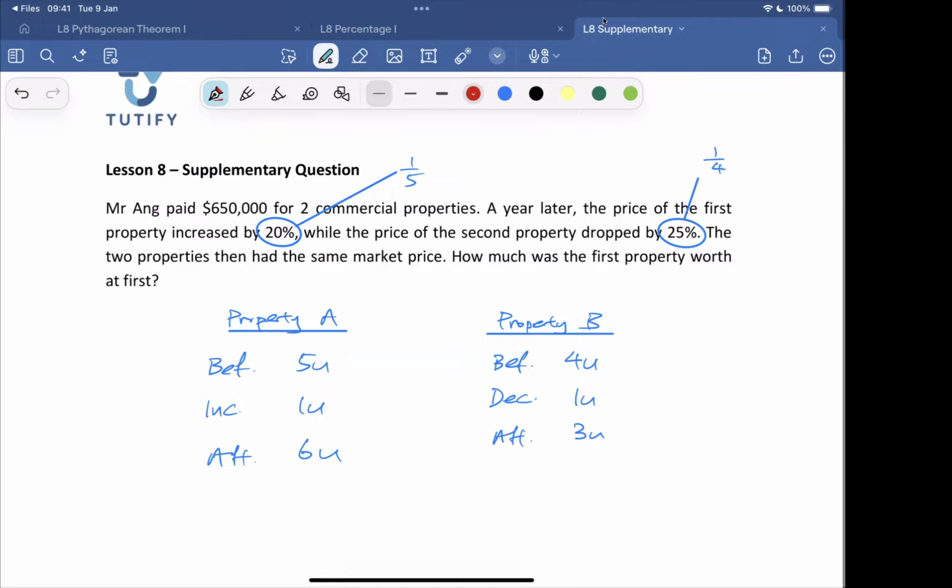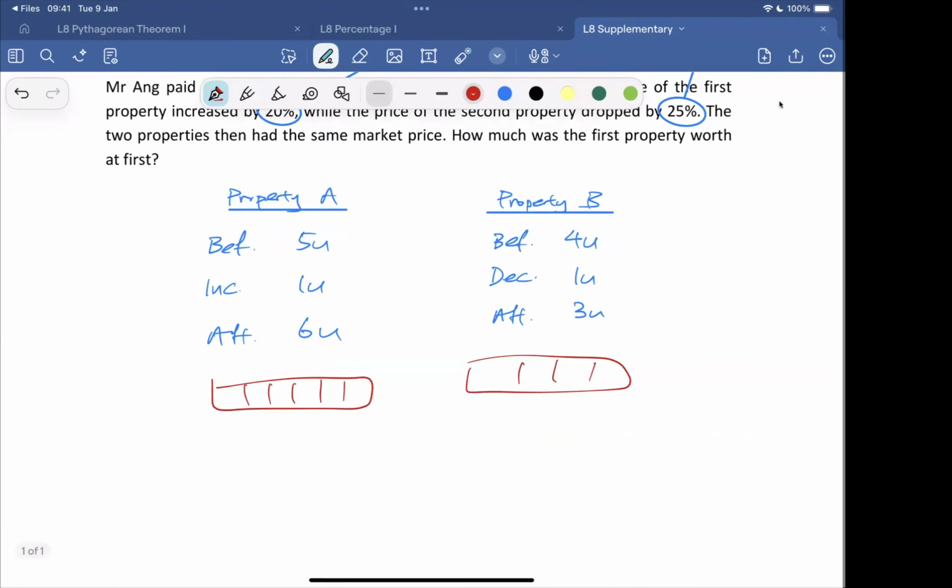When you draw the model, yes, Jaden, why is it not okay? Because the units aren't the same. Correct. Thank you, Jaden. When you draw the model, Penelope, can you guarantee that this unit and this unit are the same?